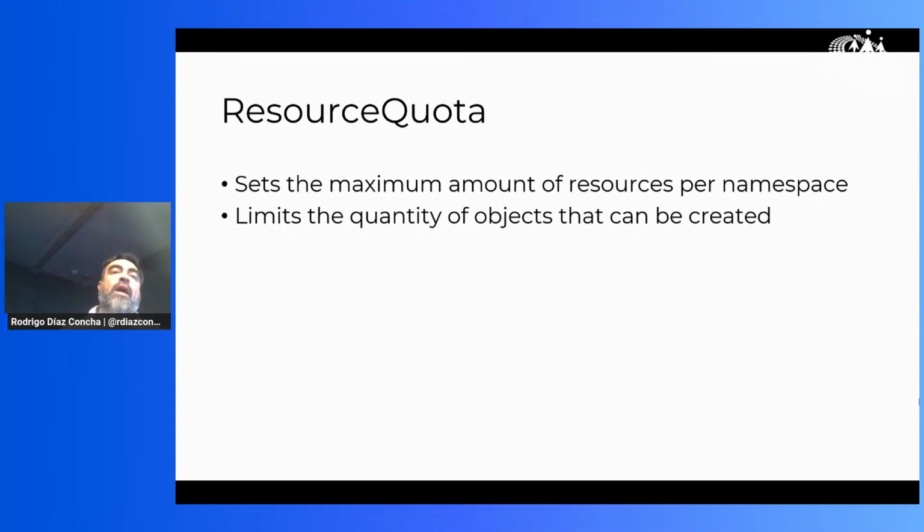Okay, those kinds of objects. Remember the primitive objects that we talked about, like, I don't know, maybe 1 month ago. And actually, you can limit a lot of different objects, not only the primitive objects that we talked about in this series, but other objects as well. Okay.